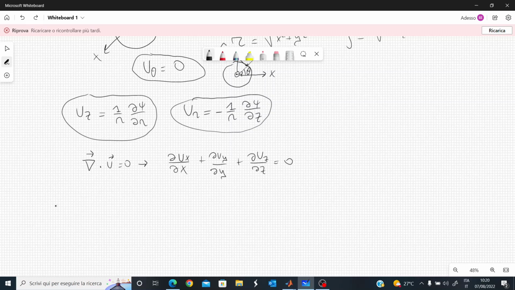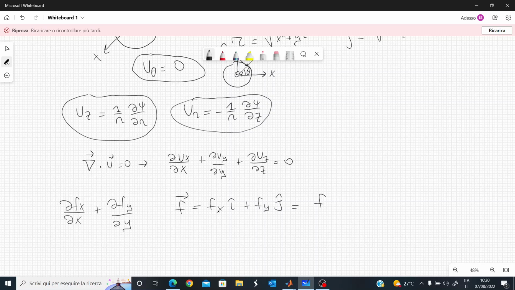Let's consider a function f in general. So we have dfx dx plus dfy dy that we want to understand how to change going from Cartesian coordinates to cylindrical coordinates, where the vector f is defined as fx i plus fy j, and these are the unit vectors along x and y respectively. But this vector f can also be written in polar coordinates. I'm using the word polar because we are not considering the z-axis. If we consider also the z-axis, I should call it cylindrical system. But it doesn't matter.